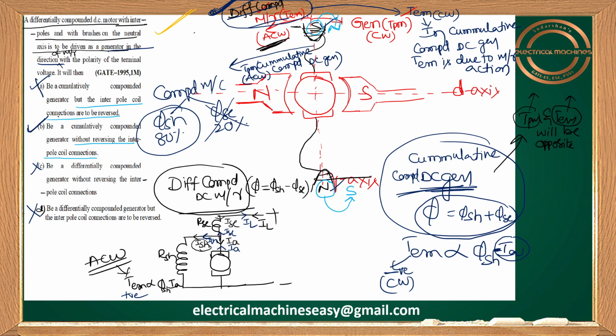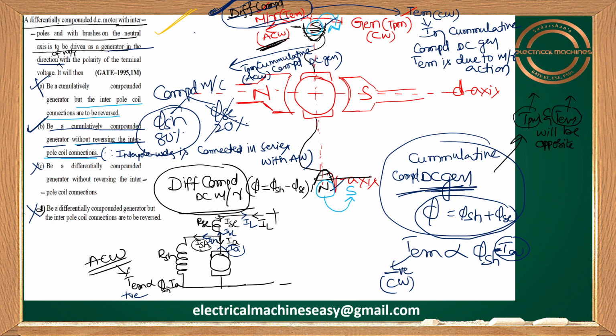If you see option B, it's a cumulative compound generator without reversing the interpole coil connections. What is the reason for that? Since the interpole winding is connected in series with the armature winding, whenever the armature current is reversed, the interpole winding current is also reversed automatically.